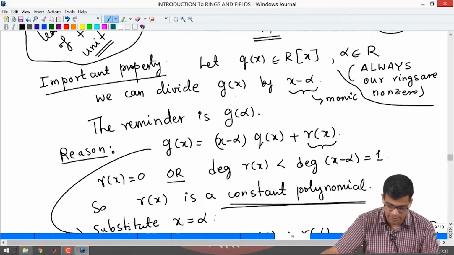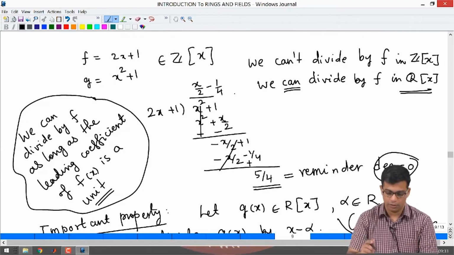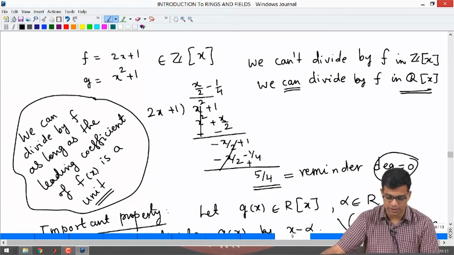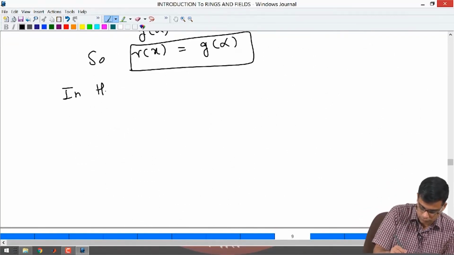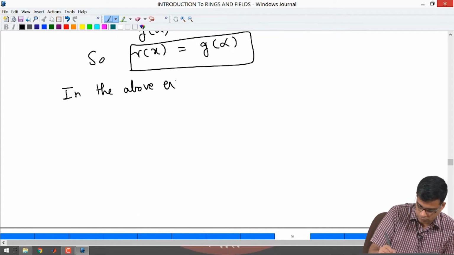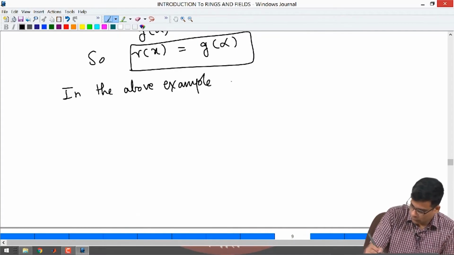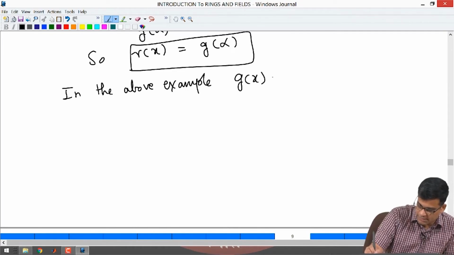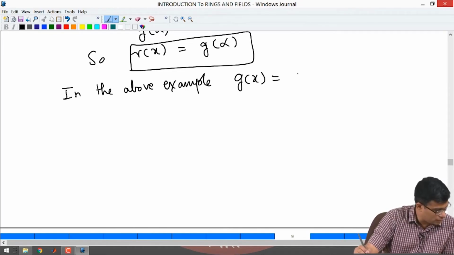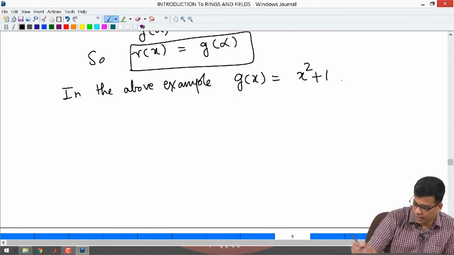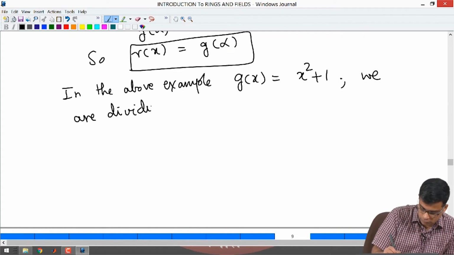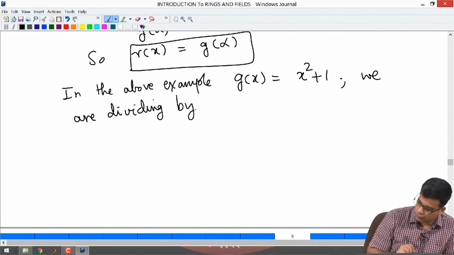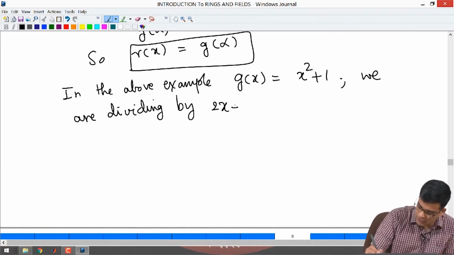And if you go back to this example that I did in the beginning of today's video, in the above example, g x is x squared plus 1 and we are dividing by 2x plus 1.